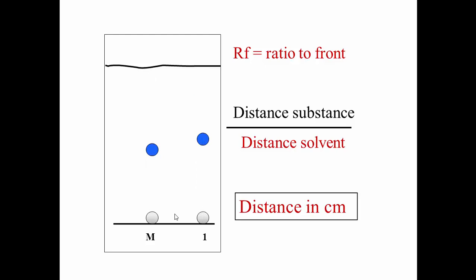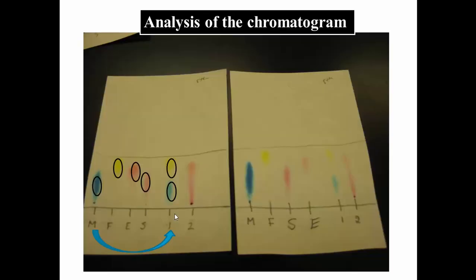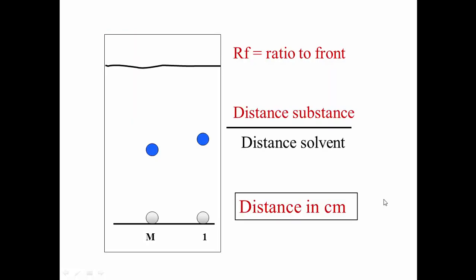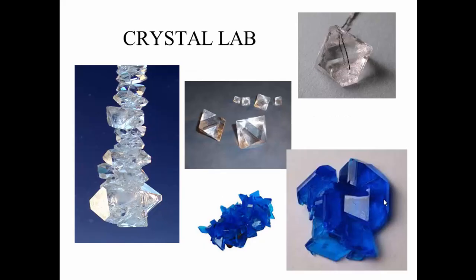So to get the solvent front, you actually have to take your paper out of the solvent, and while it's still wet, draw that line. So feel free to do the RF value if you really want to prove what pigments are in your dyes.